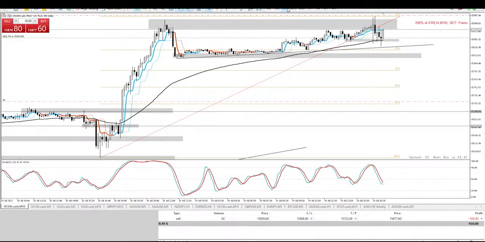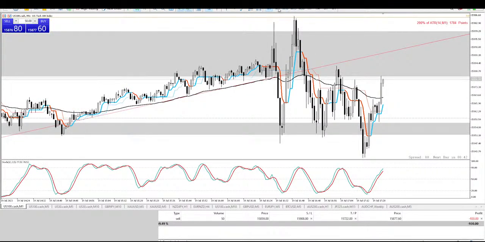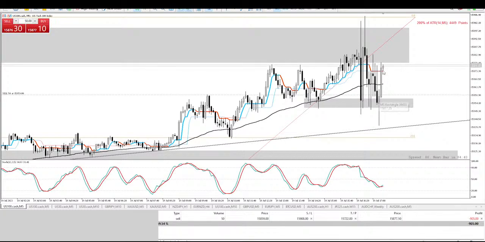I didn't close it yet. I'm just still evaluating here. I mean, this 5-minute candle is really strong. That's kind of a clear bullish move. My problem is we're still in this range, right?